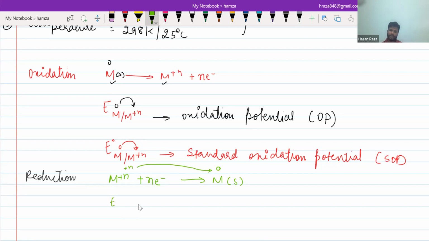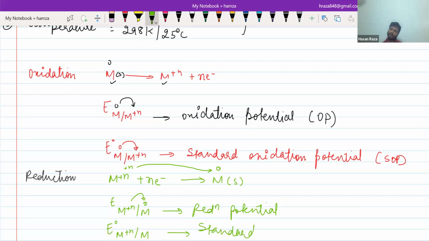So I'm going to write E M plus N slash M. So you can see from plus N to 0, this is reduction potential. And if I'm going to write E naught M plus N slash M, this is called a standard reduction potential.